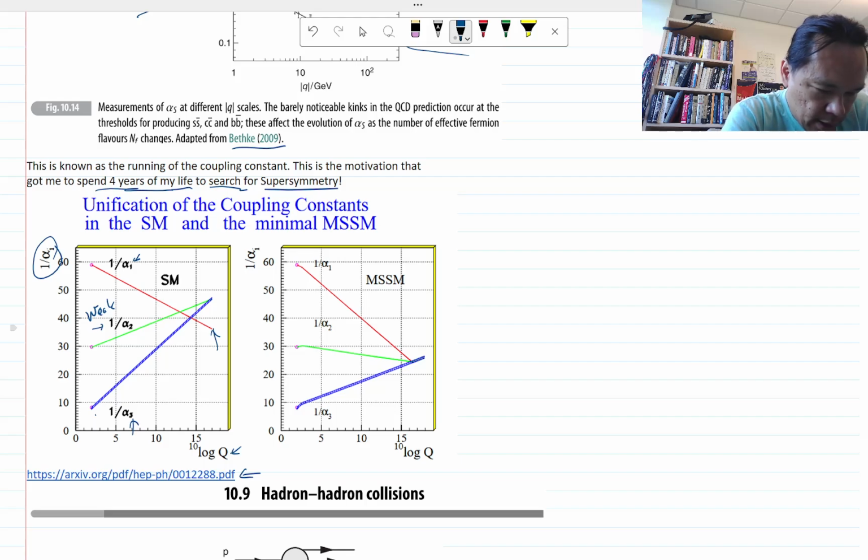All right. So in the standard model, SM, when you project these coupling constants out, they don't actually meet in one place.